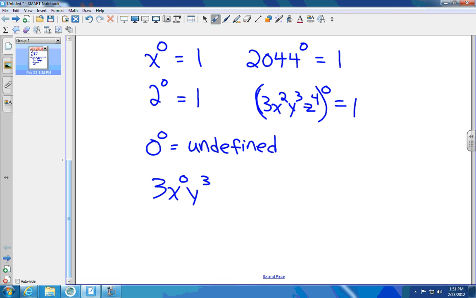Just the x. So this is 1. The 3 is still a 3. The y to the 3rd is still y to the 3rd. This just becomes a 1. So your answer to that would be 3y to the 3rd.